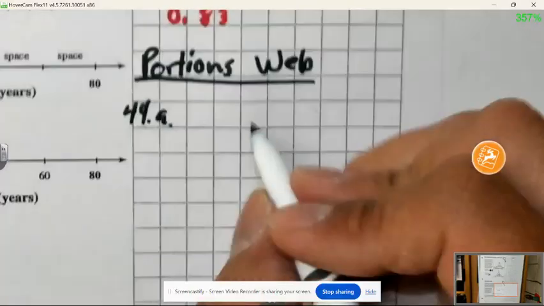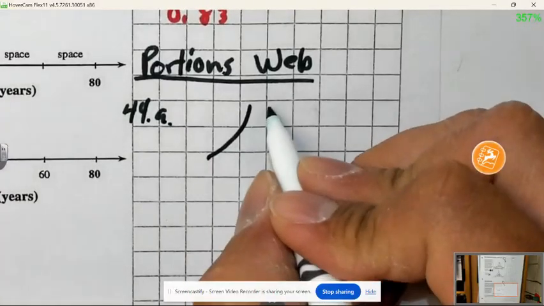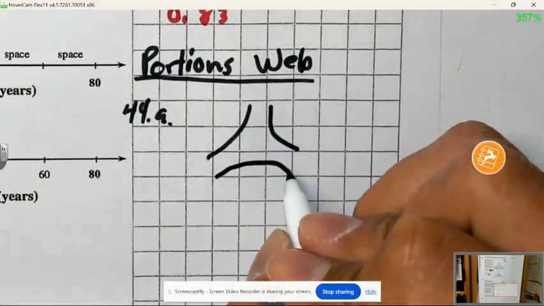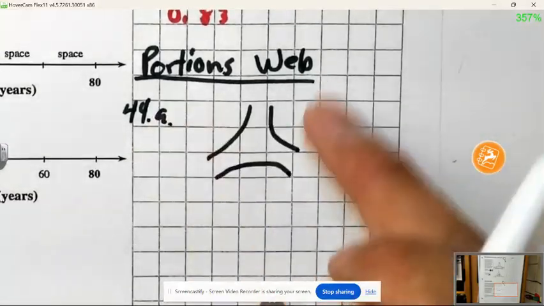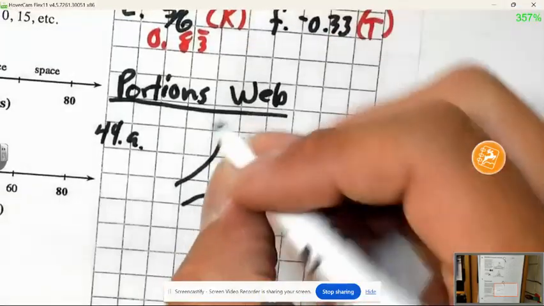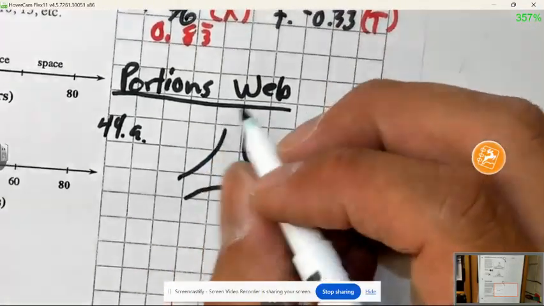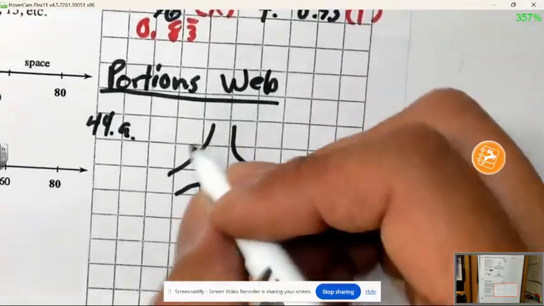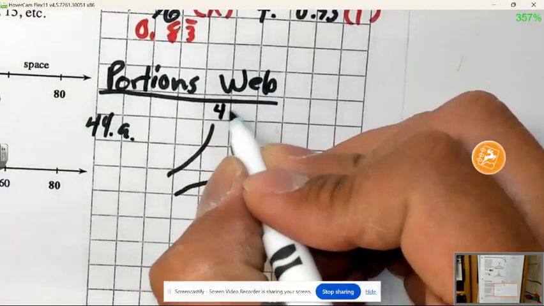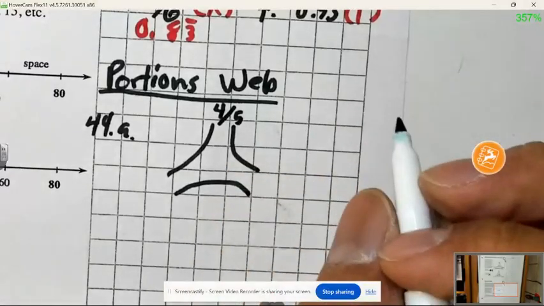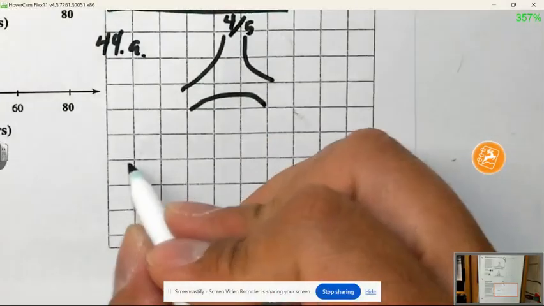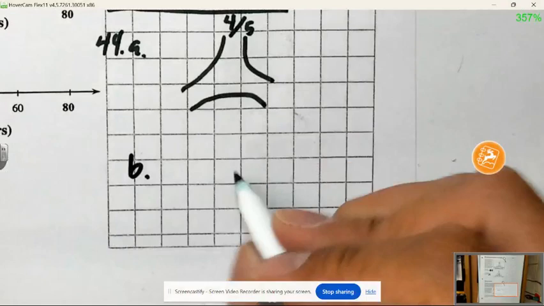For A, we're going to finish a portions web. Okay, there's those little connecting arrows that go there. We're going to start with four-fifths, and then we're going to make a portions web for 2/3.